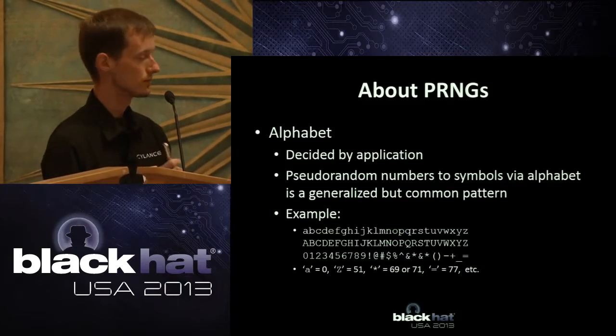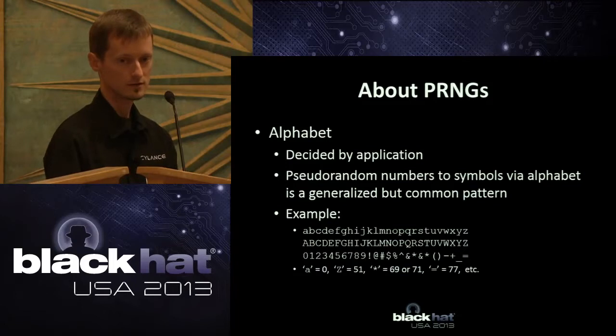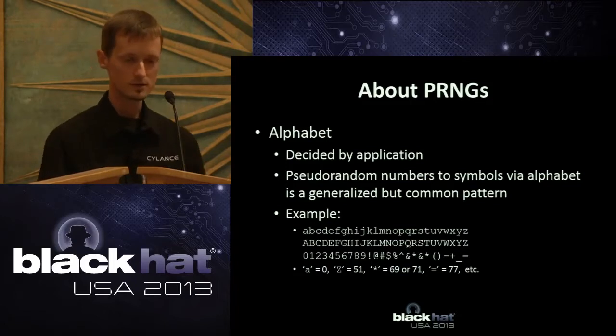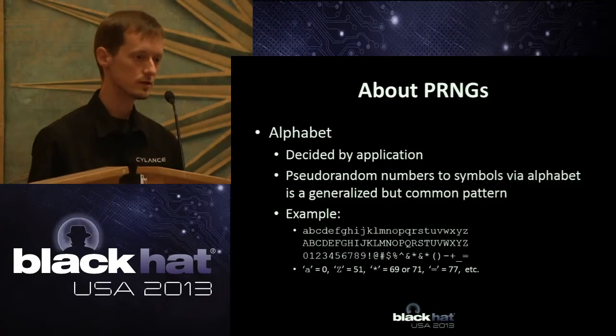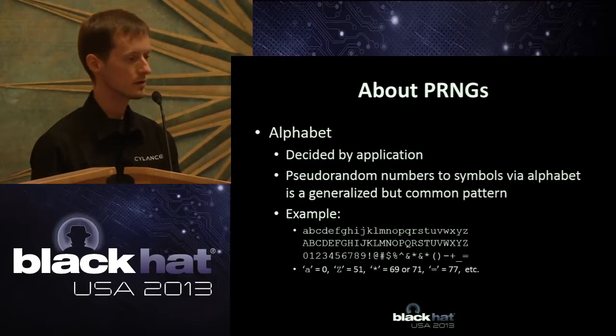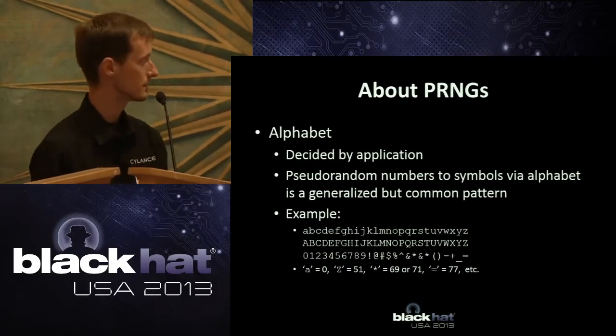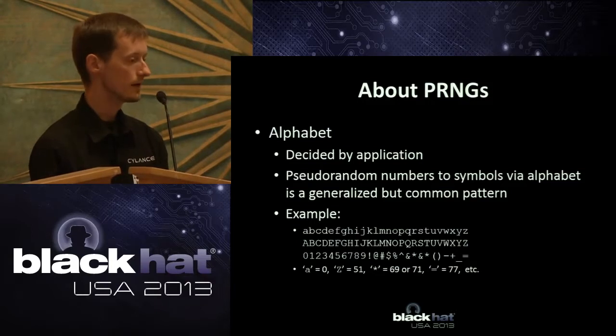Say Prankster is given an asterisk in the sample with this alphabet, it's not going to know if that should be ordinal value 69 or 71. Now the PRNG is of course dealing all in numbers, so we need to deal in numbers to derive the internal state of the PRNG. So that is a condition we don't currently handle. It's certainly not beyond the realm of practicality or possibility. We just don't handle it.